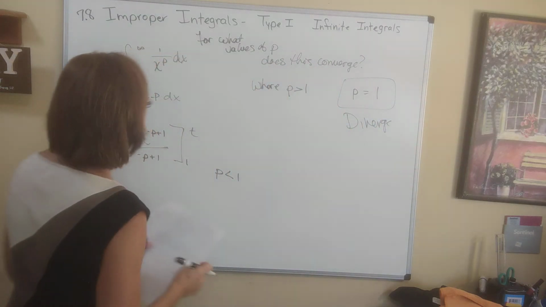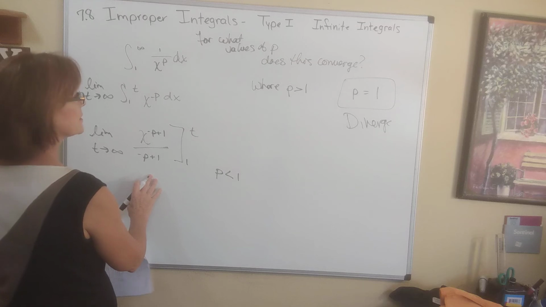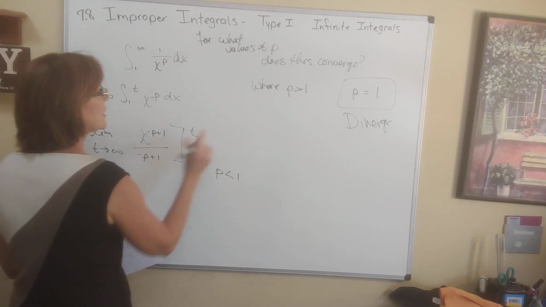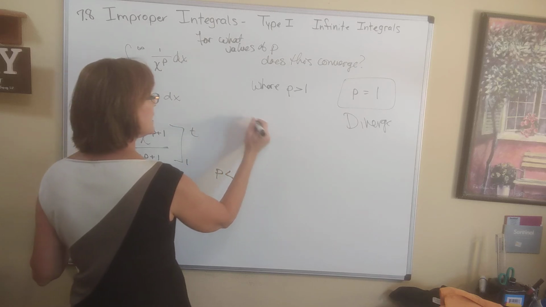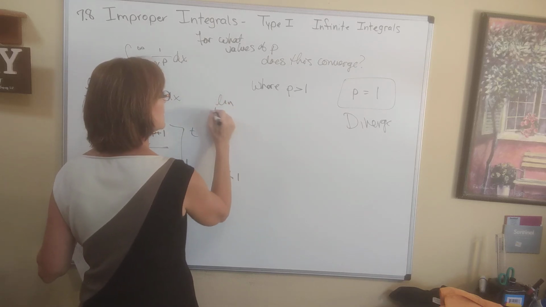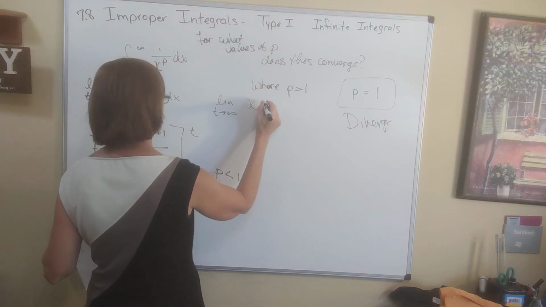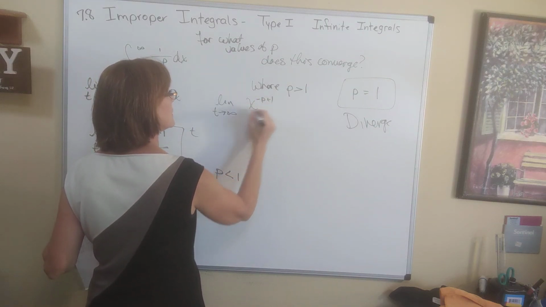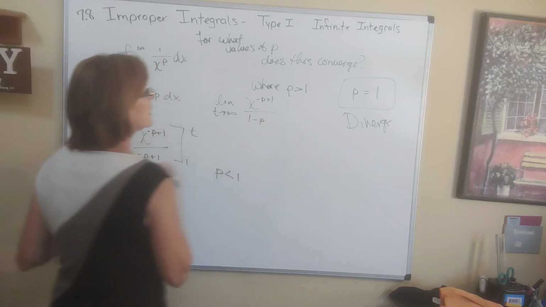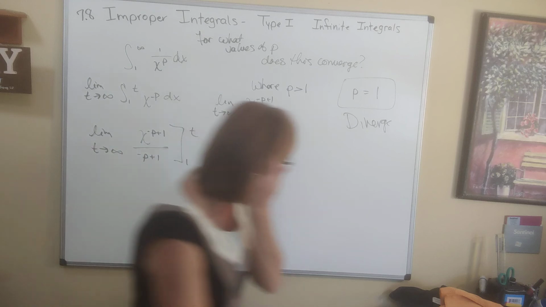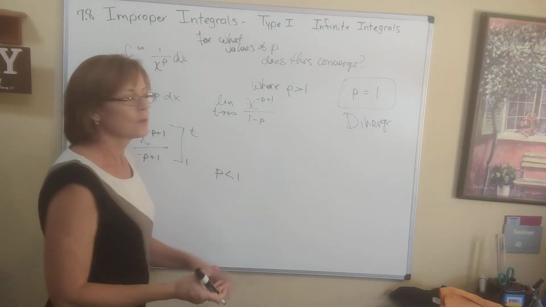Now let's look at this other one. What about when p is greater than 1? We've got the limit as t goes to infinity of x to the negative p plus 1 over 1 minus p. Now, if p is greater than 1, what's going to happen? Let's put a number in there that's bigger than 1 and see what happens.